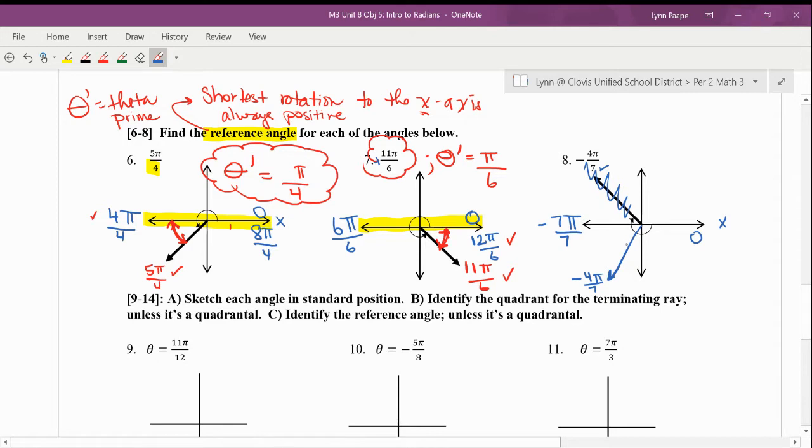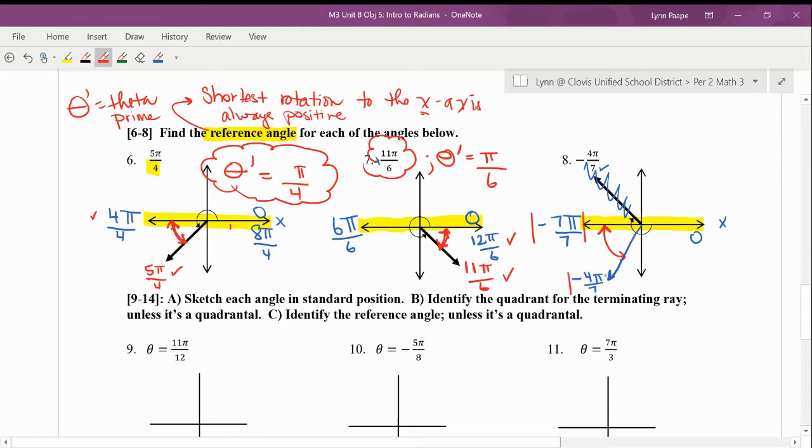Okay, so now I need to figure out where is my shortest rotation to the x-axis. So I can see that that shortest route is just to come this direction, right? That is definitely a lot quicker than trying to backtrack to the 0. So then I'm looking to see, how far apart is 4 pi over 7 from 7 pi over 7? Remember, we're doing reference angles.